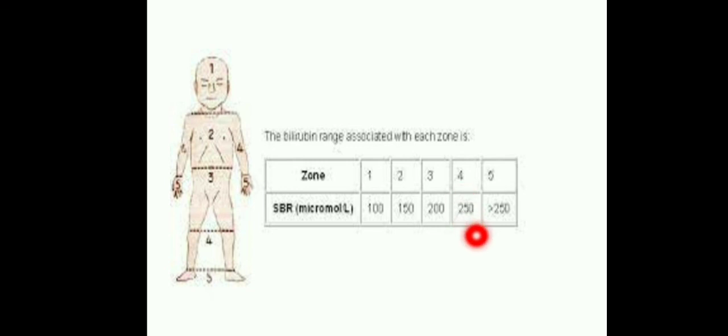And if it is the fifth zone, up to the soles and palms, the serum bilirubin level is more than 250. This is according to the zone criteria. Here there are 5 zones in total: 1, 2, 3, 4 and 5.